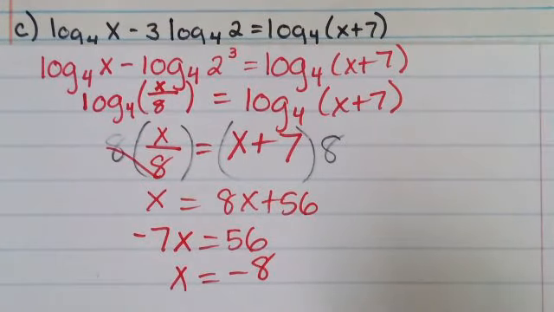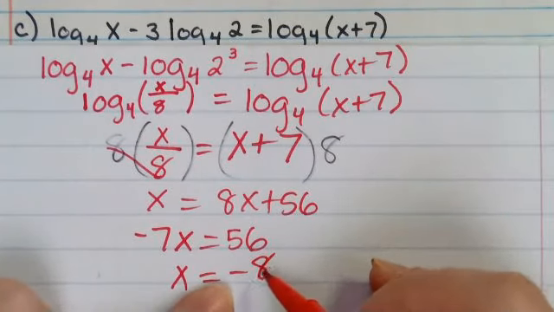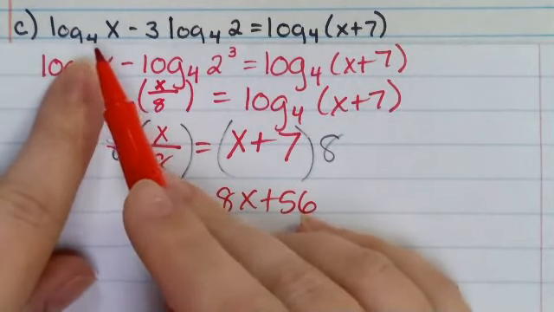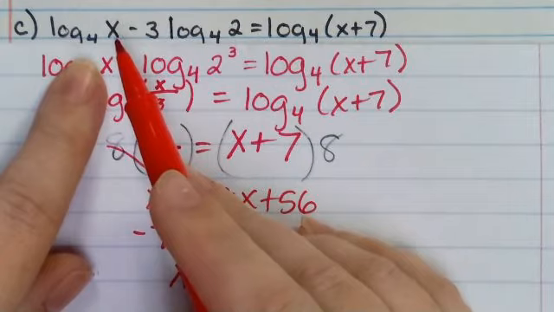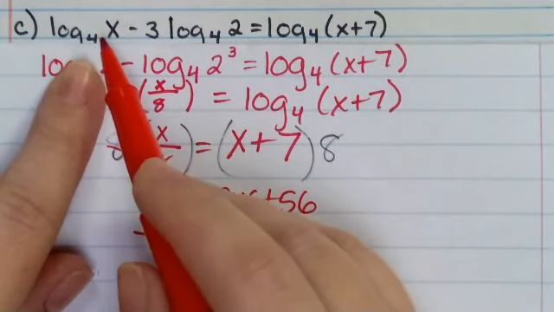Now, I only got one answer. That does not mean that that's actually the answer. So I need you to take that number and double check that it's actually a valid solution. I'm going to take that negative 8, and we're going to go back to this first log base 4 of negative 8. Right there, red flag. You cannot have log of a negative.